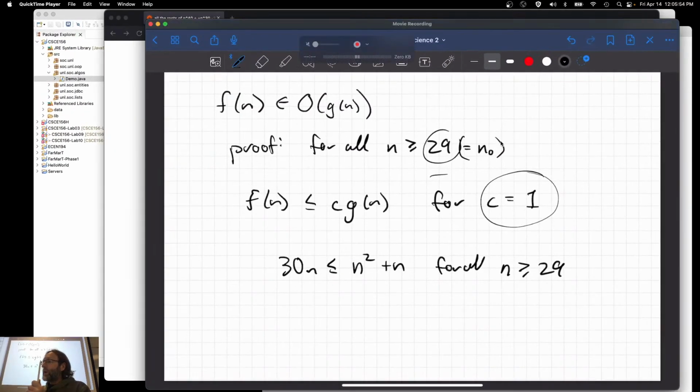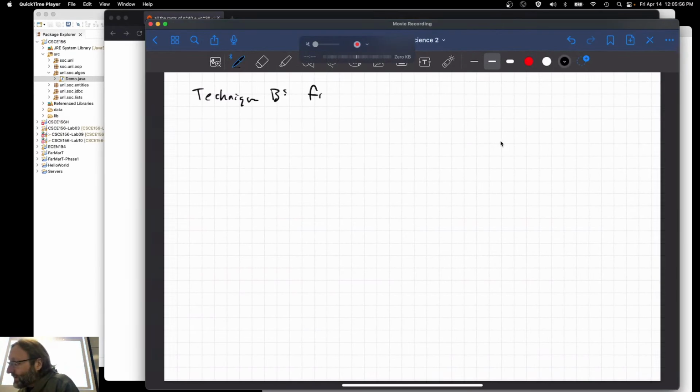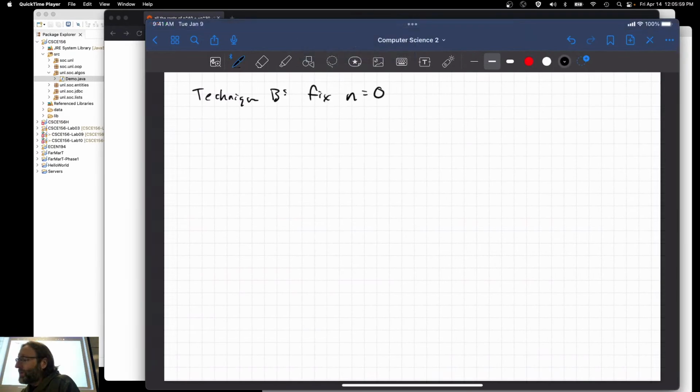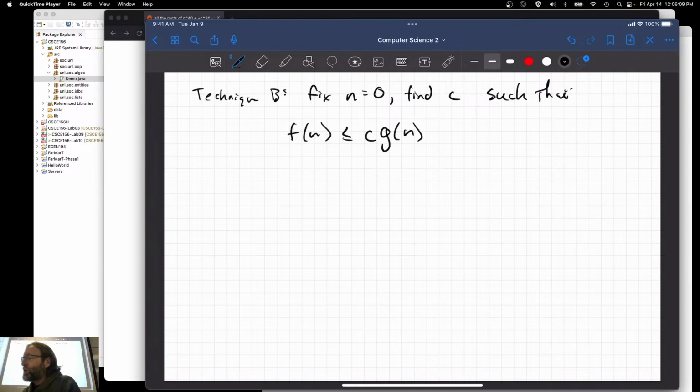So what I'm going to do is fix n naught to be 0, and then find C such that f of n is less than or equal to C of g of n for all n greater than or equal to, sorry, this should be n naught, which I've already fixed to be 0.